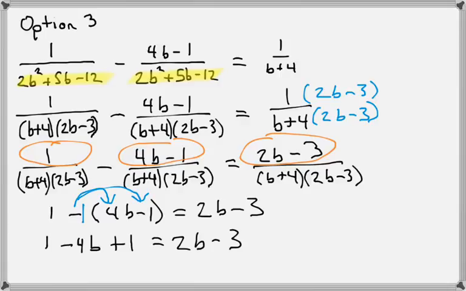Now we want to go ahead and get our b's by themselves, so combine them all together. So let's send that negative 4b to the other side by adding 4b to both sides. That is going to give us, on the left, we're left with that 1 plus the 1.